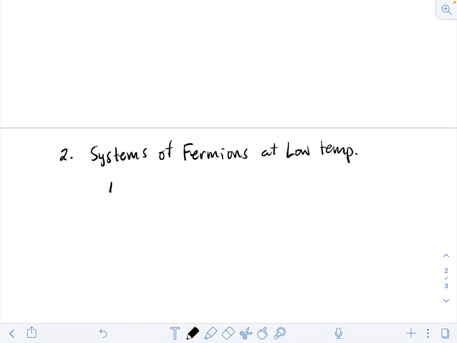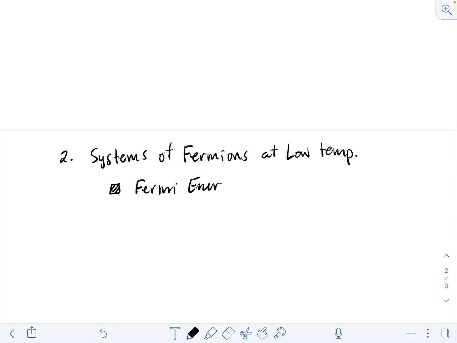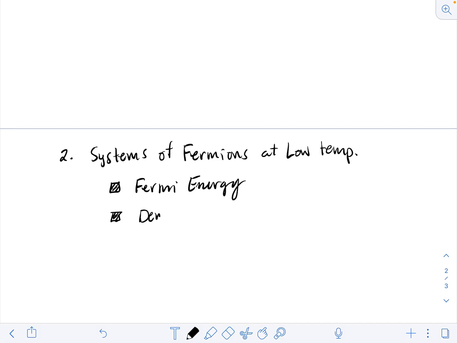Step two is once we know something about fermions, we're going to examine their behavior at very low temperatures, near the ground state of the system. So systems of fermions at low temperature. When we do this, we will run into things like the concept of the Fermi energy, and we'll have to make use of something called a density of states.